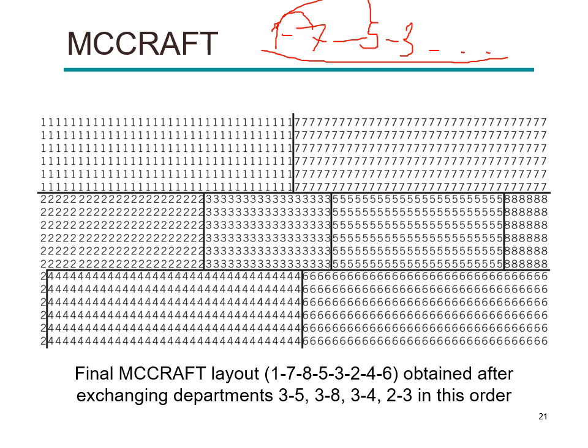for the example. In this case, MCCraft exchanged departments 3 and 5 first, then 3 and 8, 3 and 4, and 2 and 3. And the final sequence appeared to be this one. The layout corresponding to this sequence is: first place 1s, then 7s, then 8, then 5, 3 and 2.